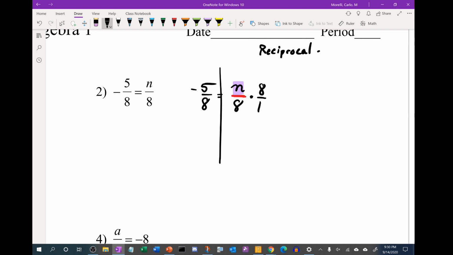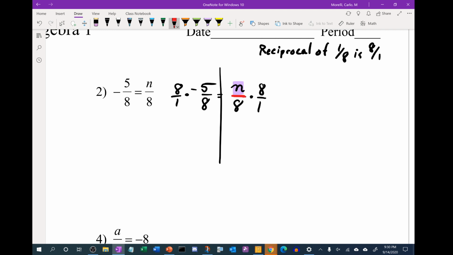Reciprocal of 1 over 8 is 8 over 1. Now, in order to keep the equation in balance, I can't just multiply by 8 over 1 on the right side. I have to multiply it as well on the left side. Right here by 8 over 1.